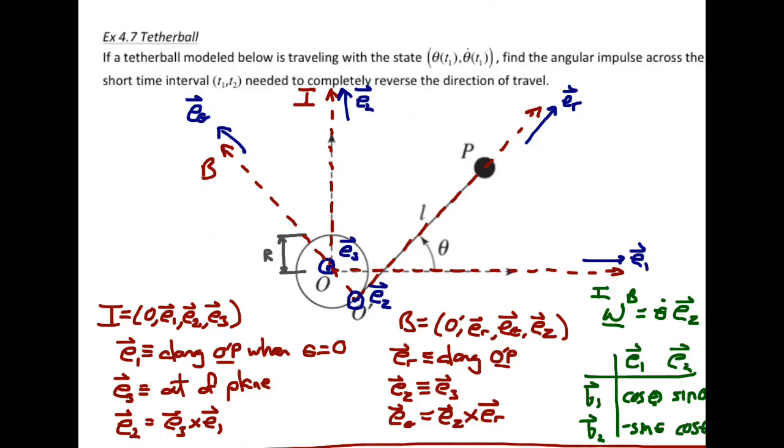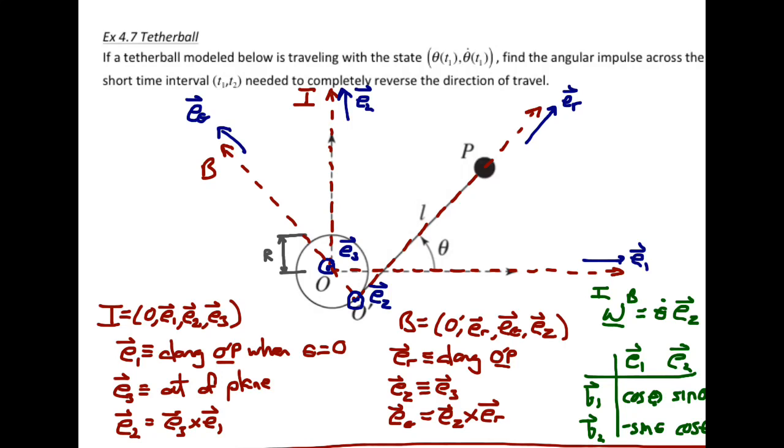So if we go back to our diagram, we see that the length that goes from O prime to P, the length of the tether, is always going to be big L minus r theta. And we also know that the velocity is always tangent to the path. And O prime is rotating around the pole as we go.